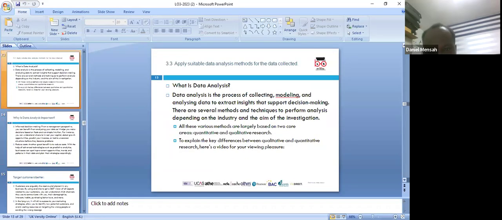All right. And so data analysis is the process of collecting, modeling, and analyzing data to extract insights that support decision making. There are several methods and techniques to perform data sampling. All these various methods are largely based on two core areas: quantitative and qualitative research.